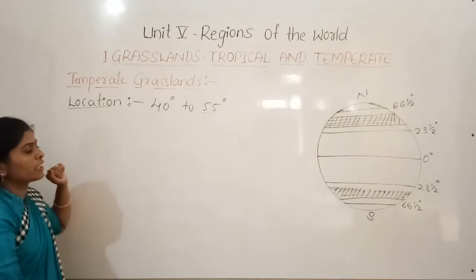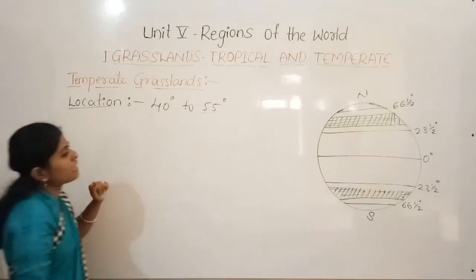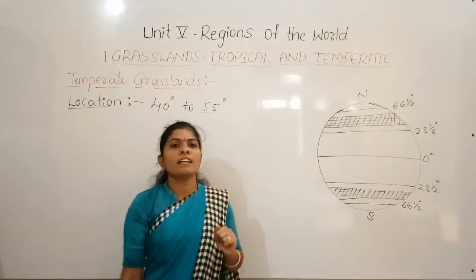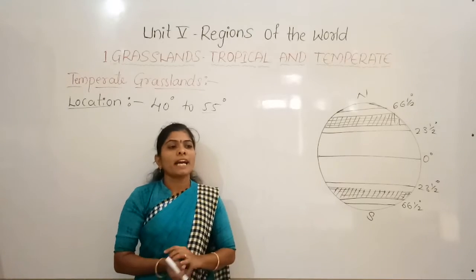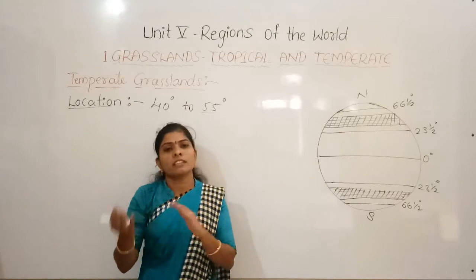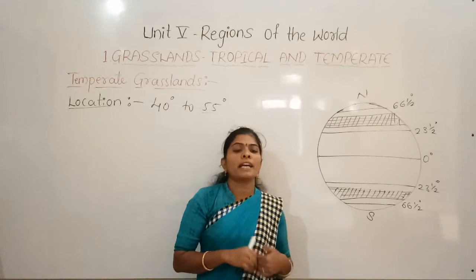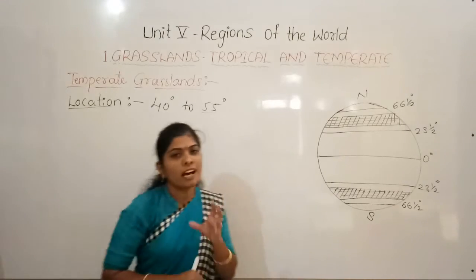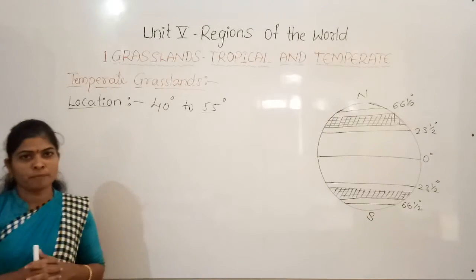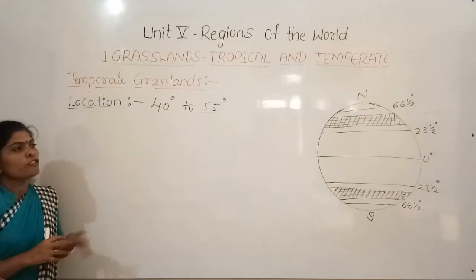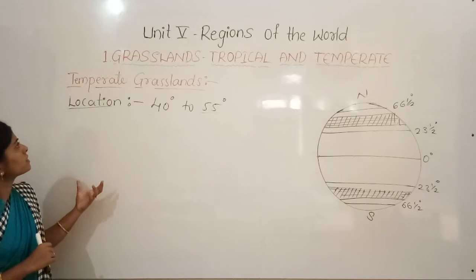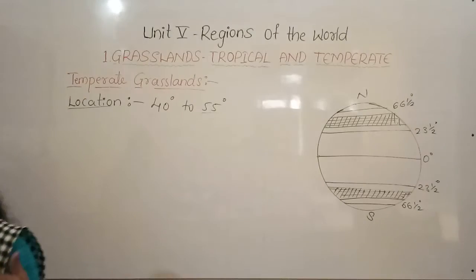Got it? Okay. Now these temperate grasslands are identified by different names in different regions. In some other places they are called by other names. So what are those names? Now we can discuss that. These temperate grasslands have many names.